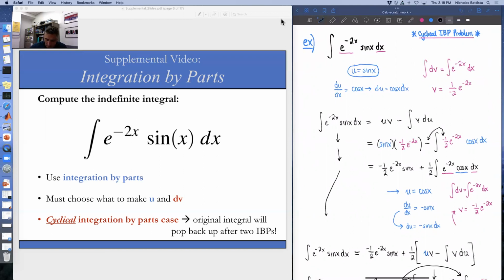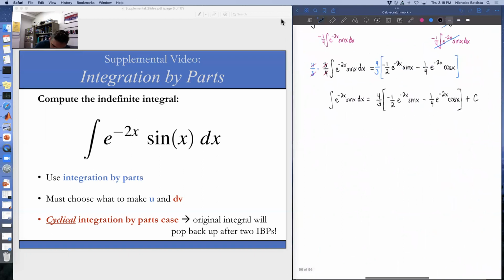For these types of integrals, where we have things like an integral of e to the ax times sine of bx dx, or an integral like e to the ax times cosine of bx, it actually doesn't matter what we call u and what we call dv, as long as we're consistent throughout. Both of these types of integrals will be cyclical. We'll do integration by parts twice. The original integral will pop back. We do some algebra, and boom, we have our antiderivative.